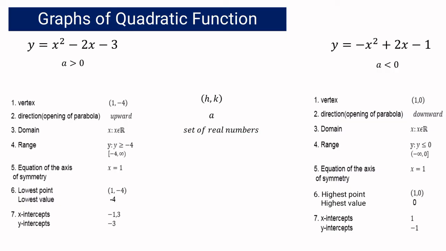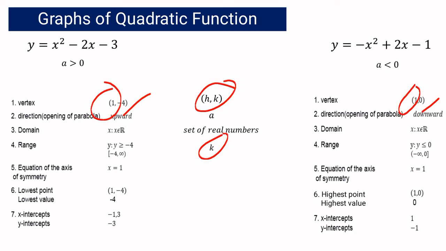If we talk of the value of h and k, the value of the range has something to do with the value of k. Take note, this is our h and this is our k. So our k is -4. Our k here is 0.